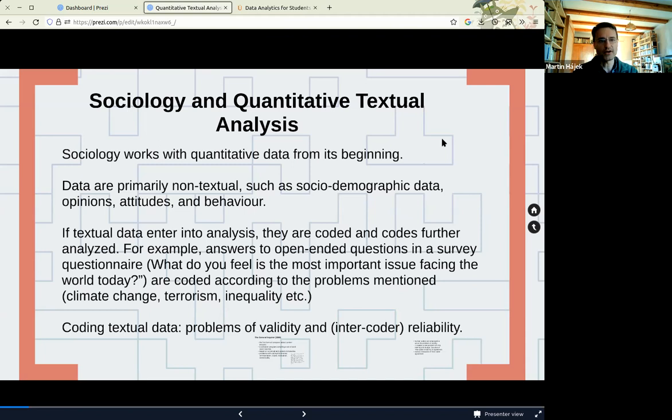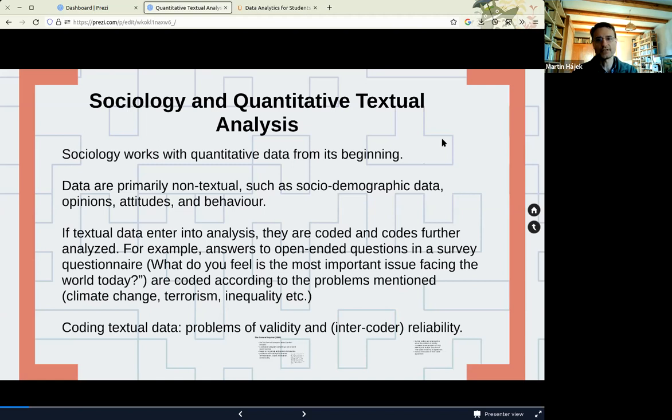What do you think about something, about attitude, how you approach your neighbors, and who would be a preferable neighbor, etc. And about behavior, for example, do you go to church once a week or never, etc. So these data are not textual ones.